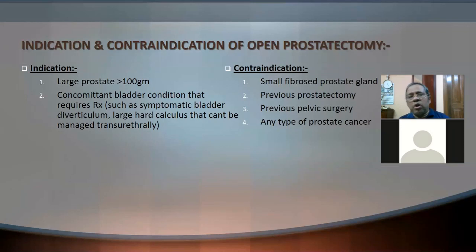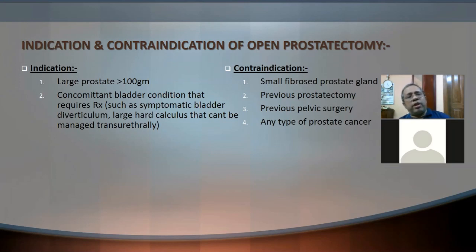Your aim is to make a passage by which the patient can pass urine and continue life. So with that hope, there is no need for open surgery nowadays. These are the old conceptions.